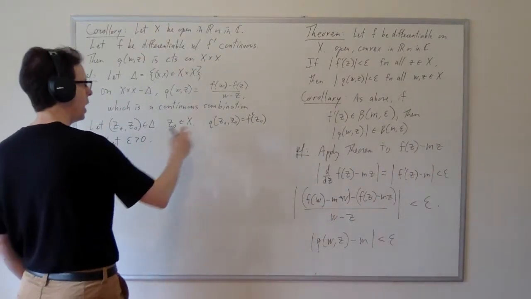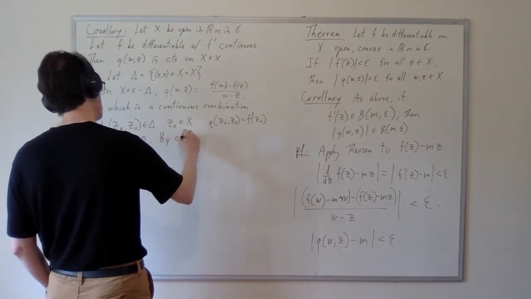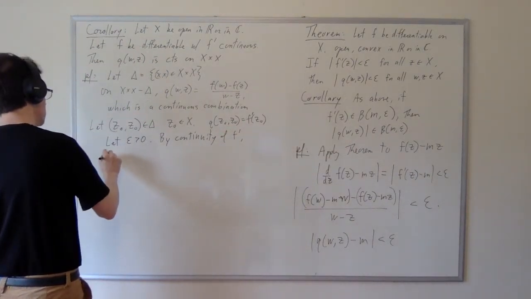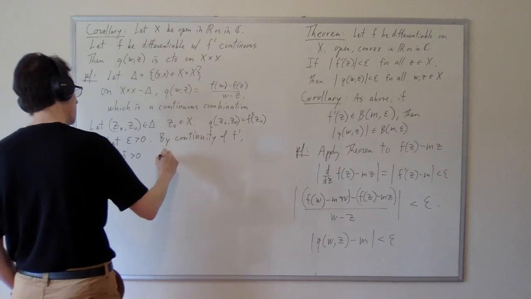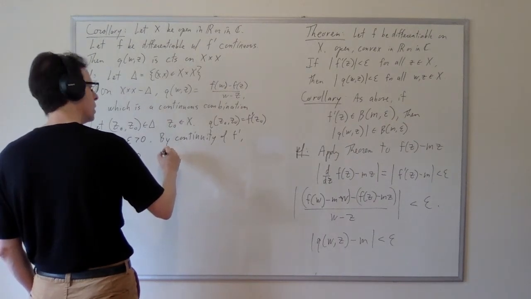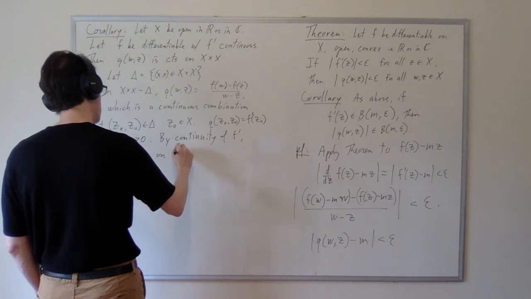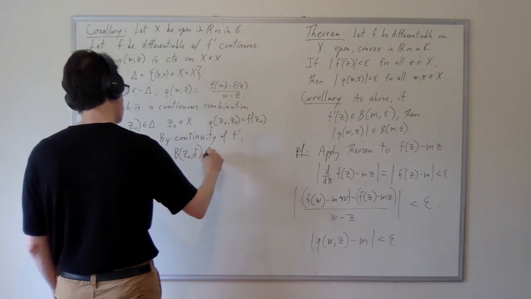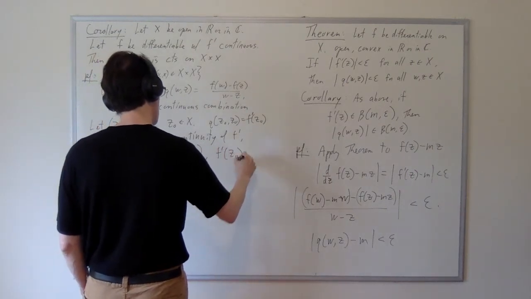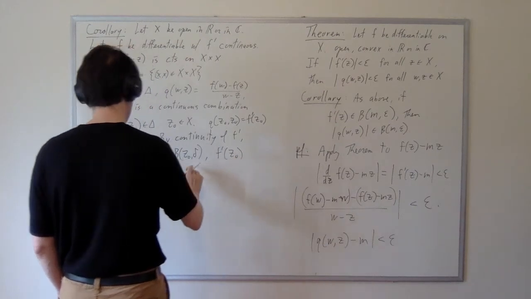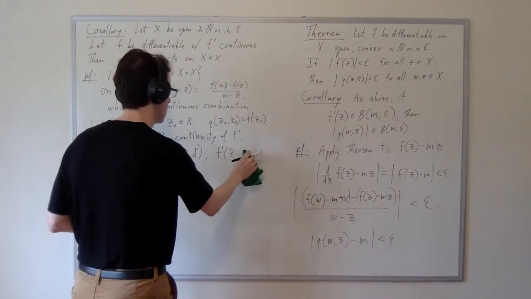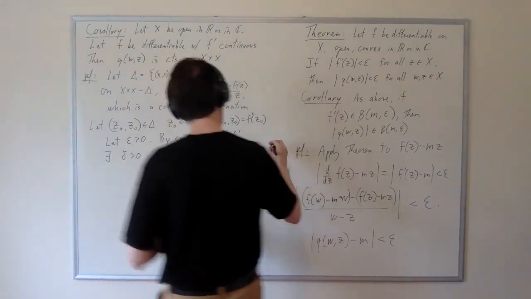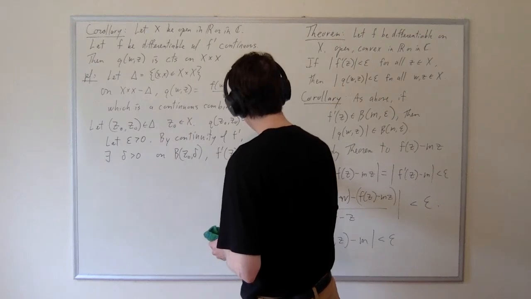Now, f prime is continuous. So by the continuity of f prime, there is a delta greater than 0, so that on the ball of radius delta of the point z naught, f prime of z is always going to give us a value which is in the epsilon neighborhood of f prime of z naught.